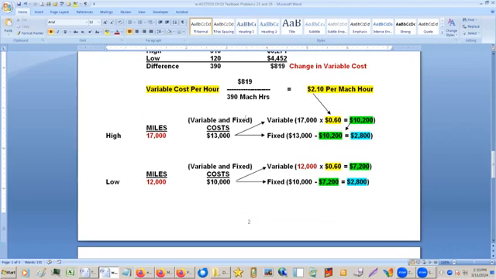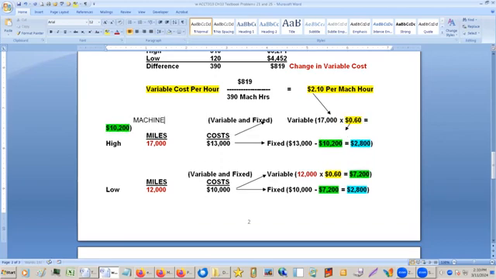Okay, so let's take a look here. We have our high, this is in machine hours.